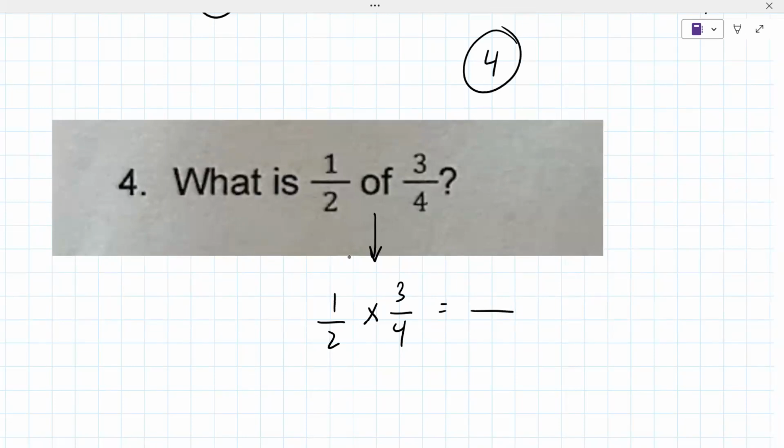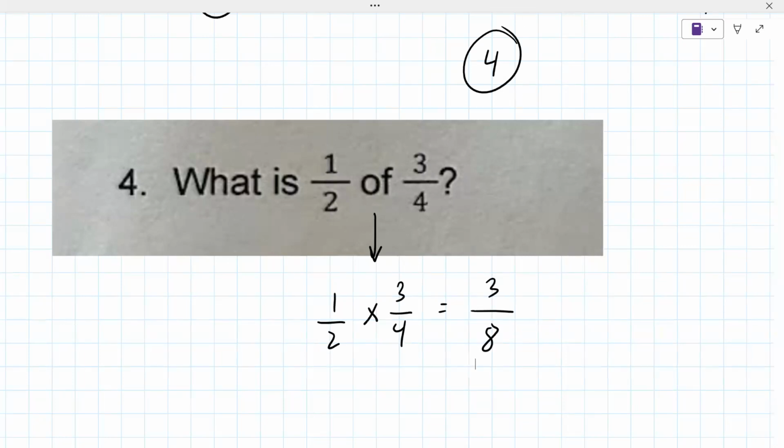Okay, so that would be, multiply 2 times 4, 1 times 3. The 3/8. Good. All right.